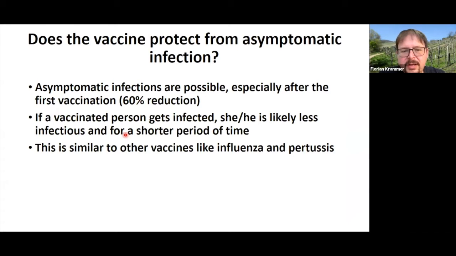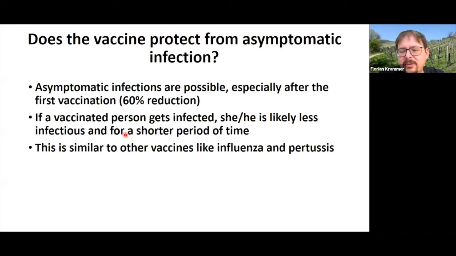same direction. We also knew from the animal experiments that were done in non-human primates that vaccinated monkeys could still be infected, but they had much less virus and for a very short period of time compared to unvaccinated monkeys.